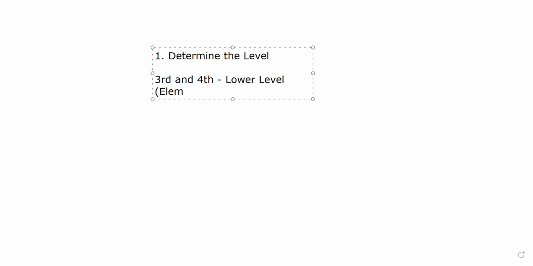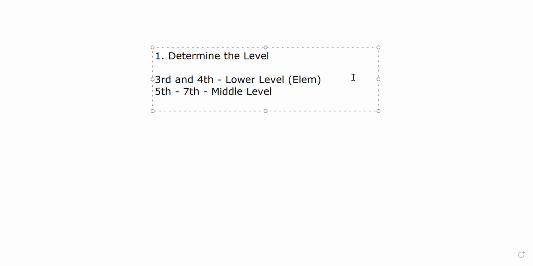Students currently in the fifth grade through the seventh grade will be taking the middle level test. And those currently in the eighth grade through the 11th grade will be taking the upper level test.